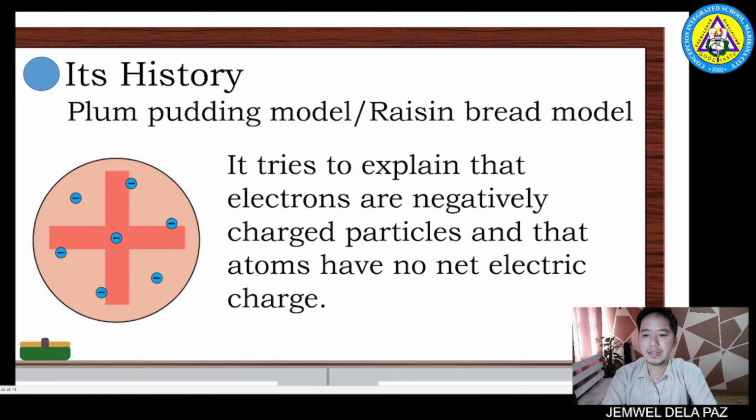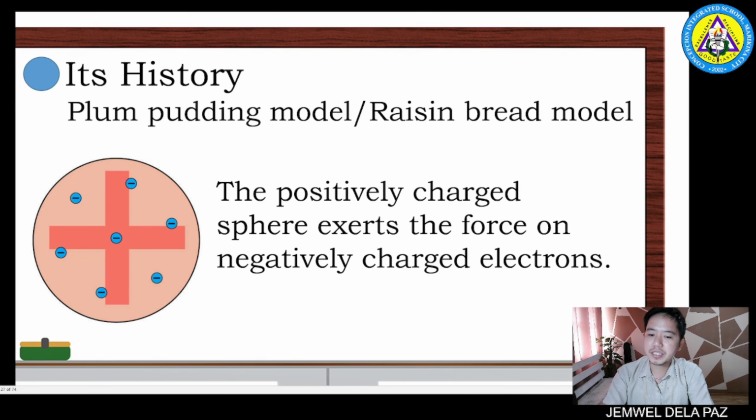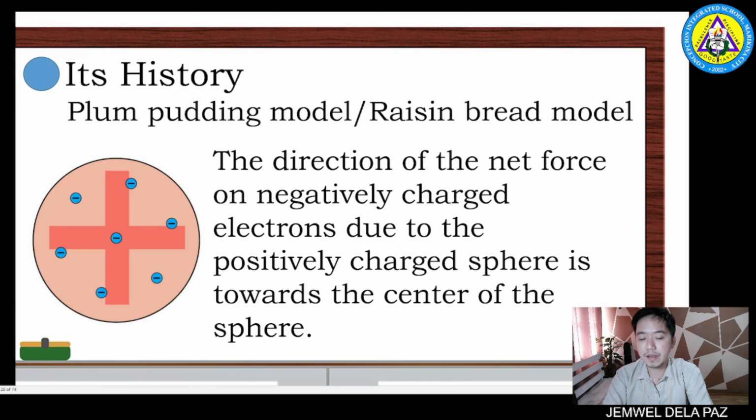This model tries to explain that electrons are negatively charged particles and the atoms have no net electric charge. The positively charged sphere exerts a force on the negatively charged electrons, and the direction of the force is towards the center of the sphere.